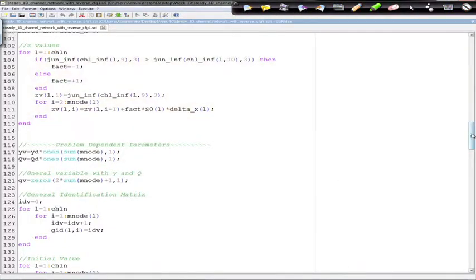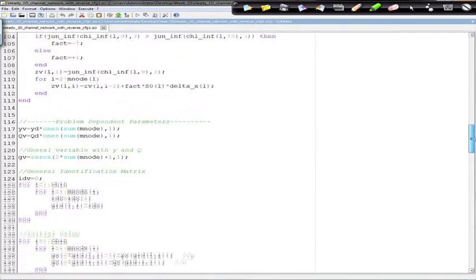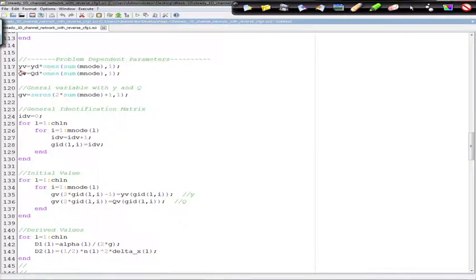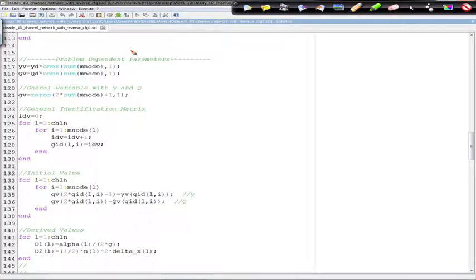Now, in this case, after calculating these Z values, I can assign initial guess values for YV and QV. This is similar to our previous code that we utilized in our previous lecture class, but just see these numbers.